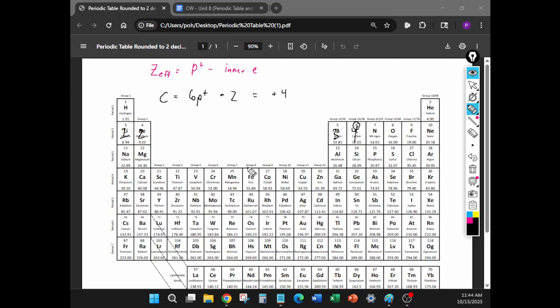So carbon's valence electrons have a Zeff value of plus 4. So far, so good? Let's take a look at sodium. Sodium has 11 protons and 1 valence electron. That means it has 10 inner shell electrons, so the Zeff value is plus 1.